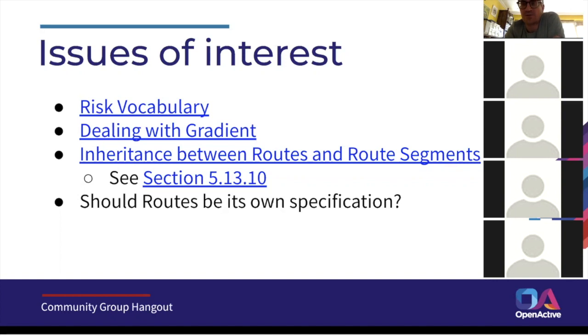The problem would arise if you had endpoints declared at the level of the segment that didn't exist on the route as a whole. I think that would just be a validation error of some kind. So are we saying that endpoints is an array rather than just one particular value? Yeah, endpoint and start point, endpoint of interest, arrays. You can declare as many of them as you like. Okay.